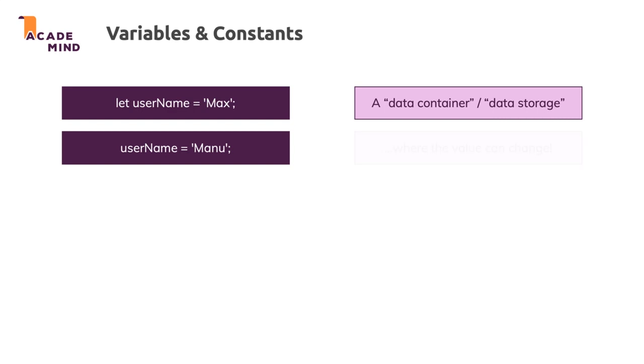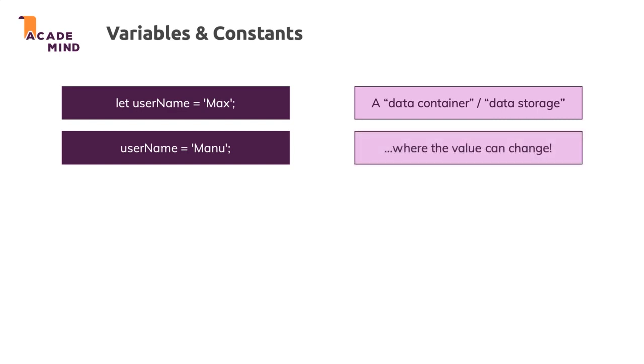So a variable is a data container where the value can change. Doesn't have to, but often it will. Now you also have a special form of that variable, you could say. You have constants. For example, let's say you have a total amount of users in your application, which is kind of fixed.